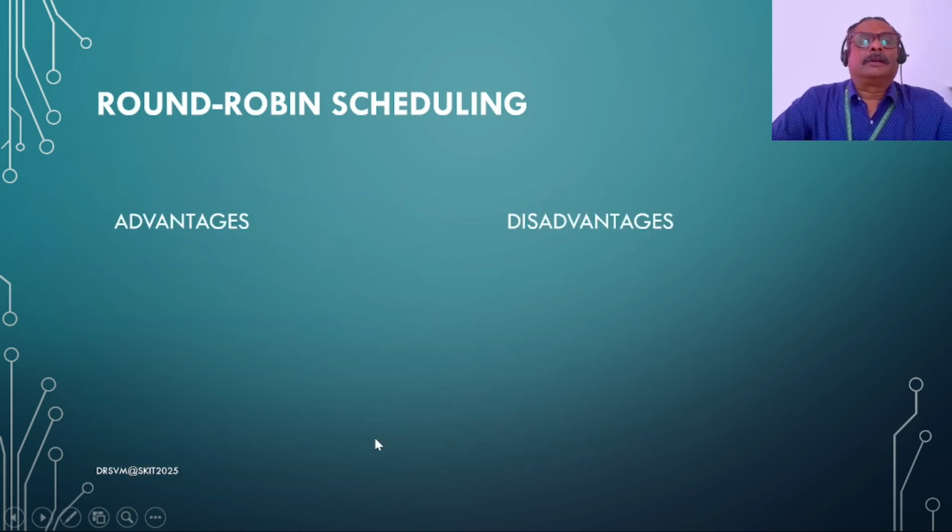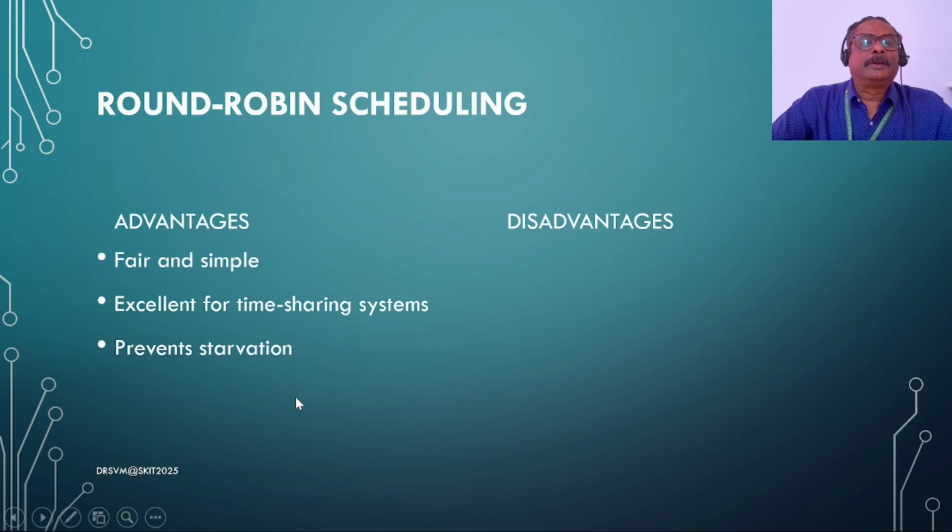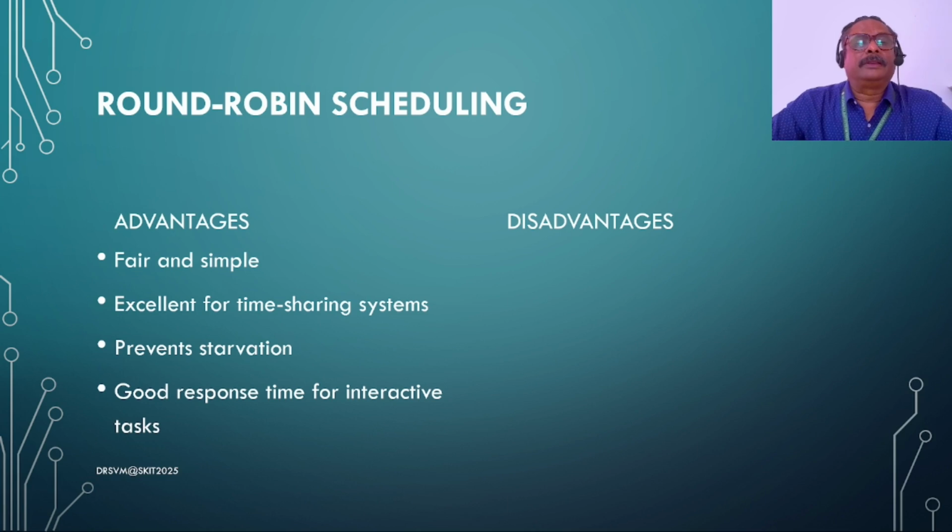So looking at the advantages, it is very fair and simple to implement, excellent for time sharing systems, it definitely prevents starvation, and gives good response time for interactive tasks, because everyone is getting a share in a round cyclic way.